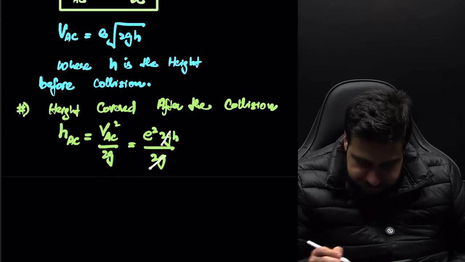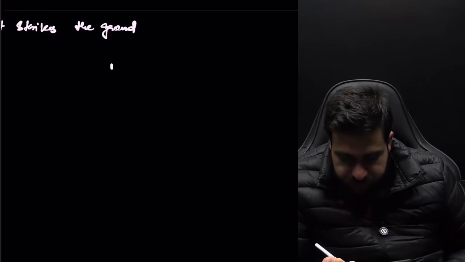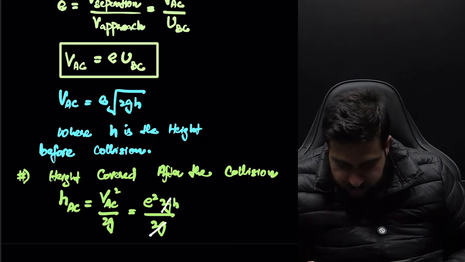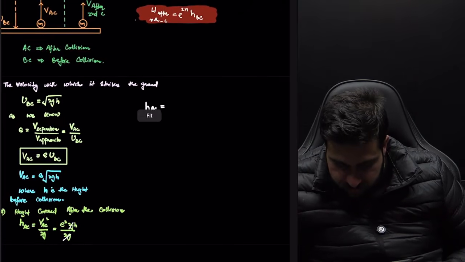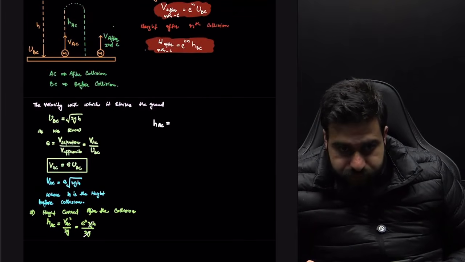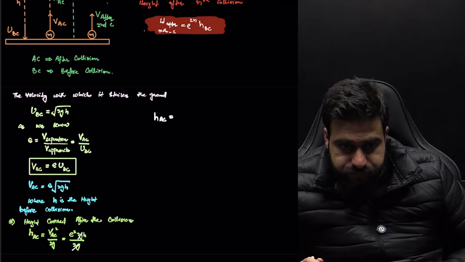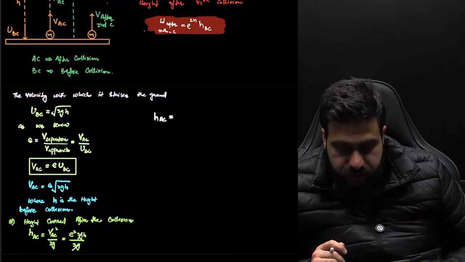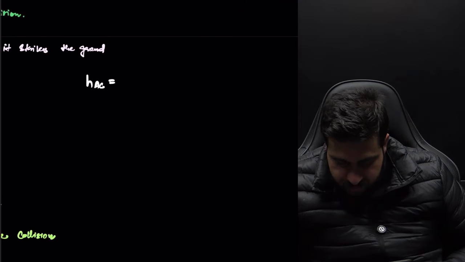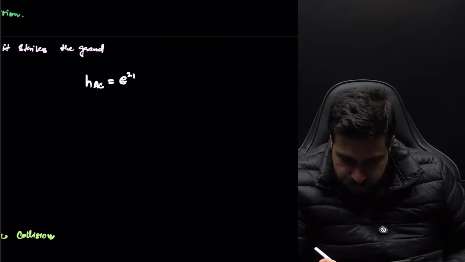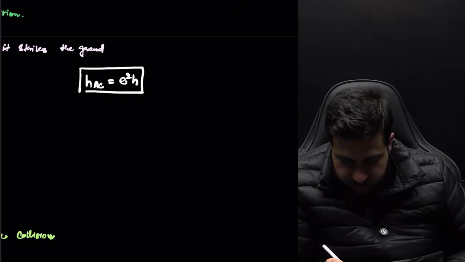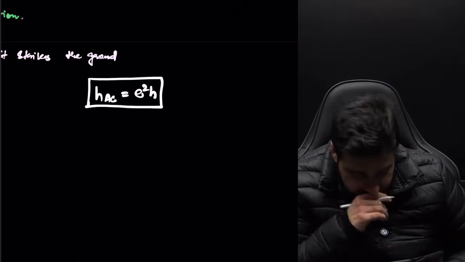So height after the collision is equal to E square into h. This is the height after the collision.